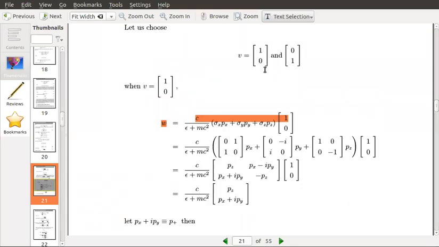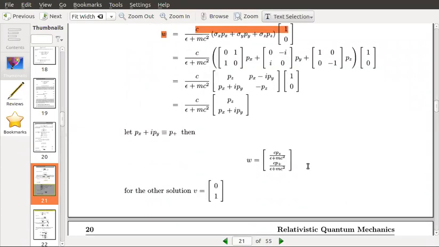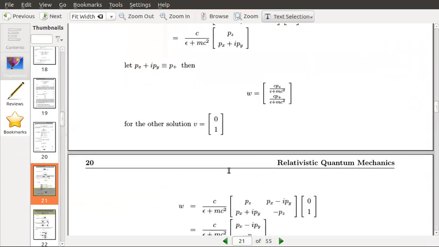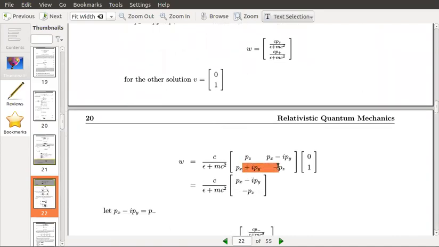So we took the first case for 1 0. Next you take V for 0 1. Substitute the same thing here, you put 0 1. Then you must simplify this matrix multiplication.